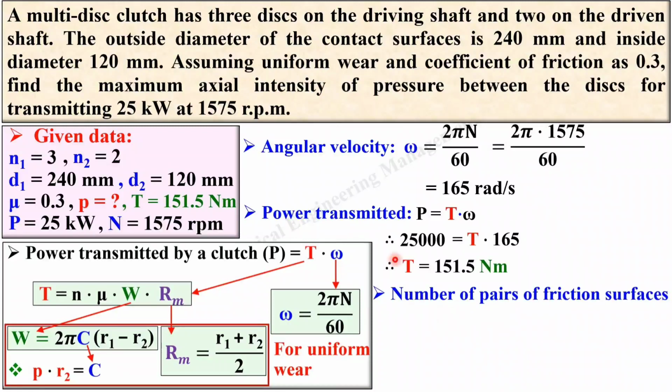Now you know that the number of pairs of friction surfaces, n, is equal to n1 plus n2 minus 1. You should remember this formula whenever n1 and n2 are given. Now put the values of n1 and n2 over here and simplify it so that you will get the number of pairs, or you can say effective pairs.